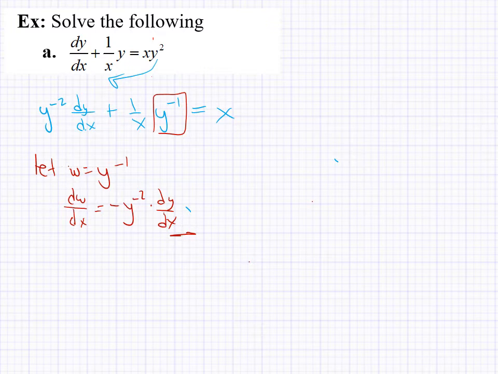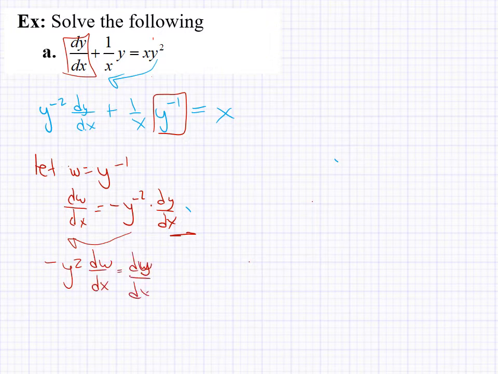If you then solve for dy/dx, so we can substitute the dy/dx out, we would have to move this negative y to the negative 2 over to the other side. So we get negative y squared dw/dx equals dy/dx. That substitution we're going to need.